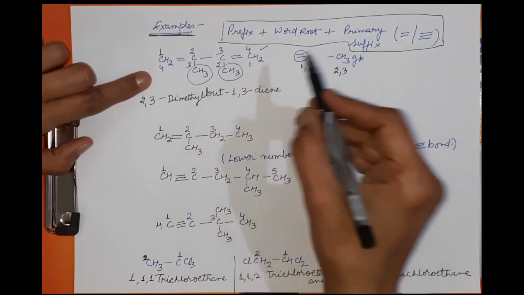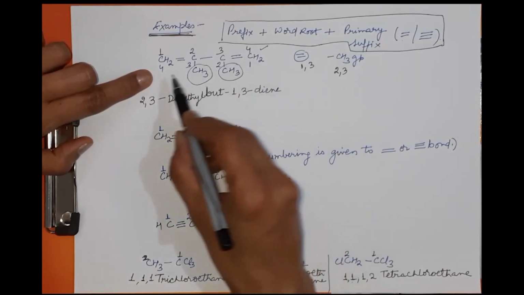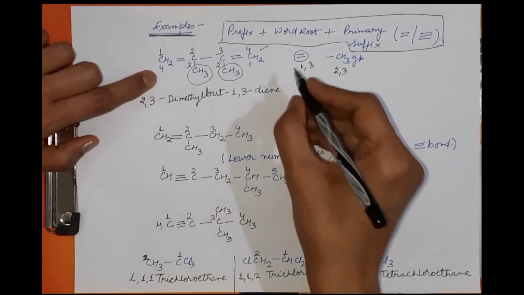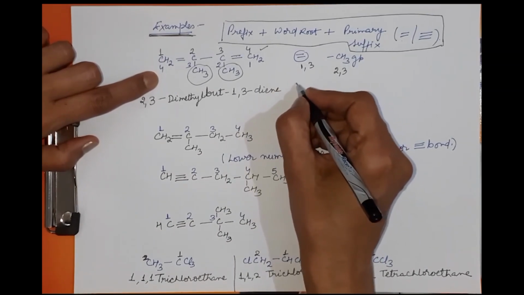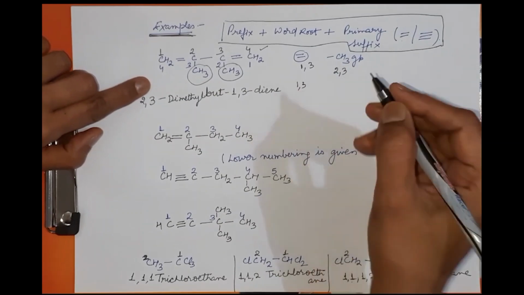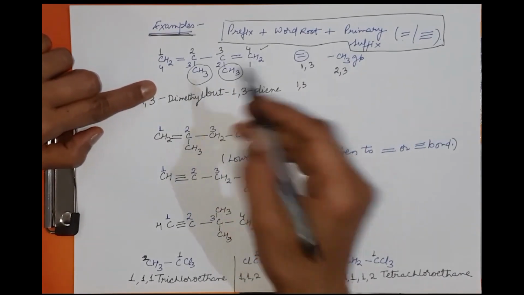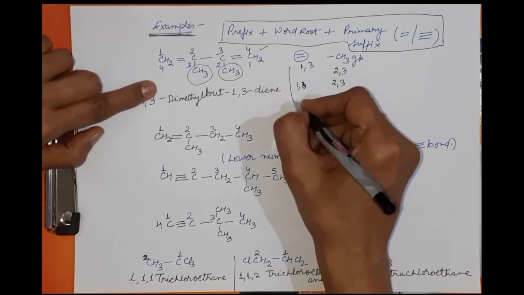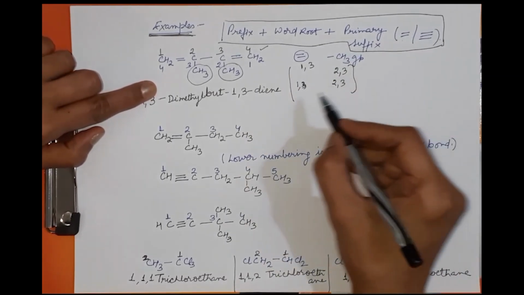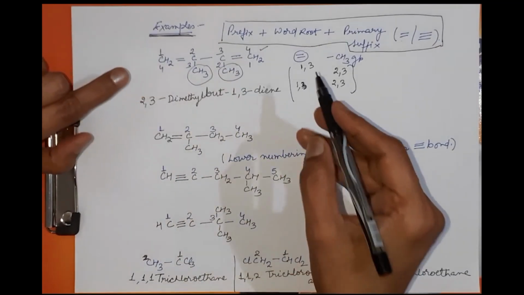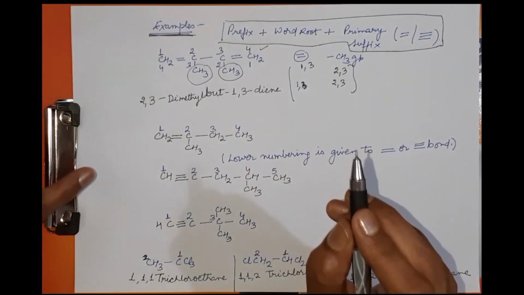But if we go numbering from right to left, then 1, 2, 3, 4, and again the double bonds get the positions 1 and 3, and the methyl groups get 2 and 3. So here we see in both cases it is the same. Either we number from left to right or right to left, there is no difference.